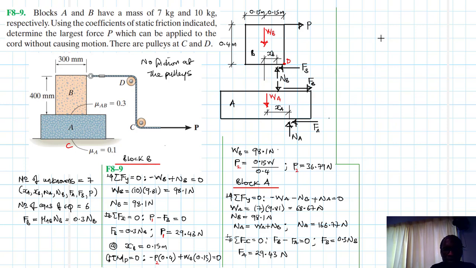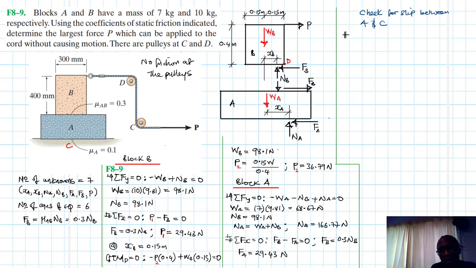So we need now to check for slip between A and C. This boundary here.